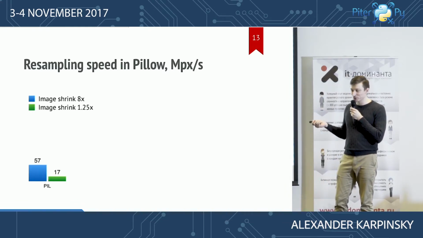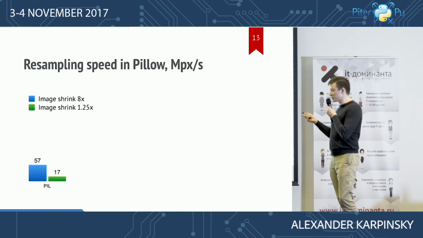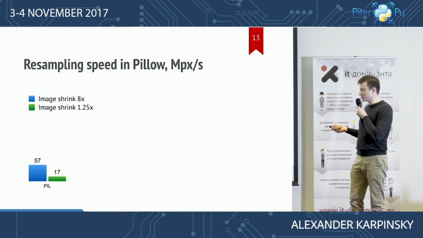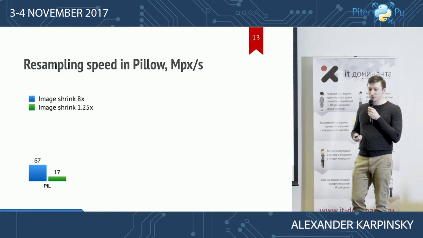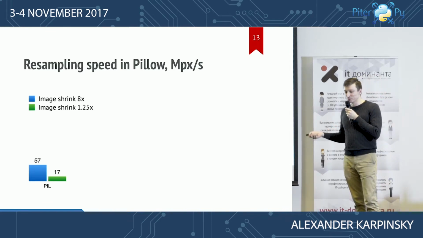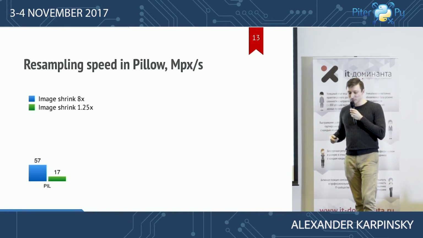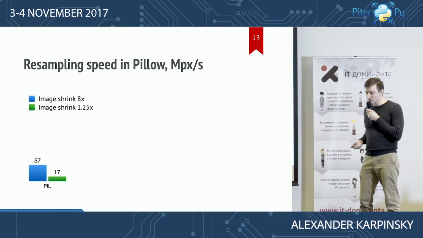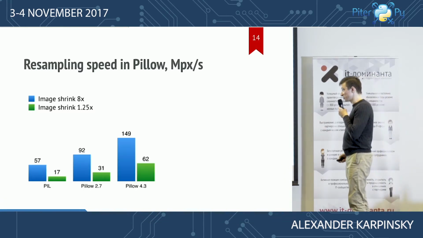Just to give you an idea, if you take a photo from an iPhone, with 12 megapixels, you can imagine that it can be reduced in 1.25 seconds, which is quite a lot.